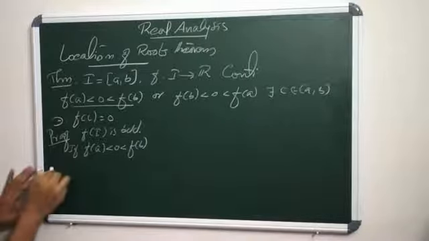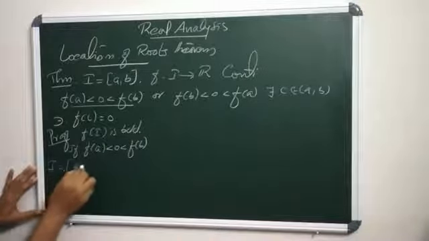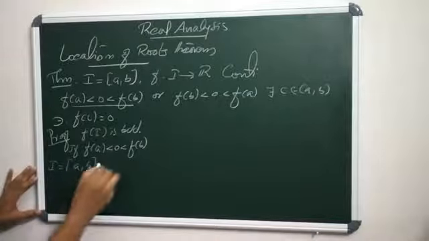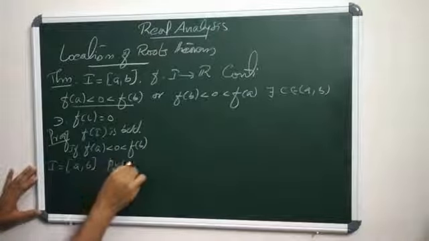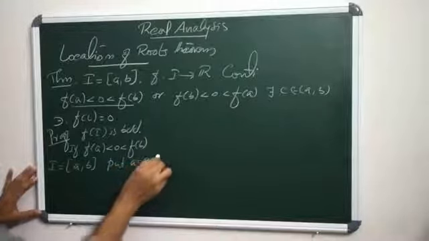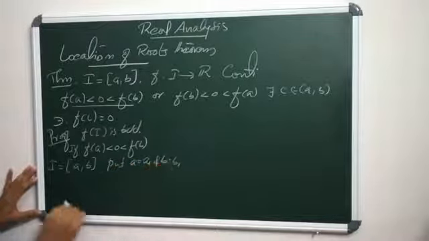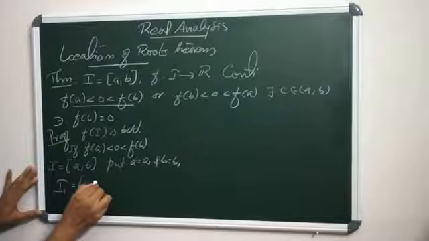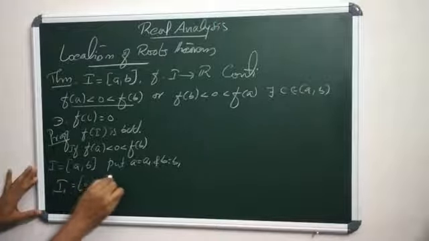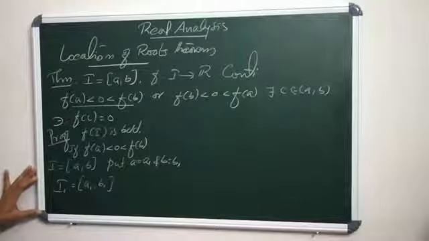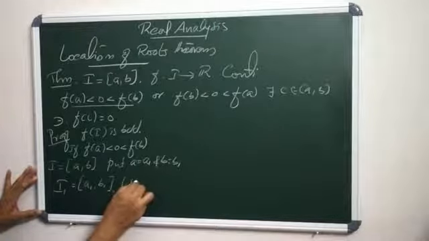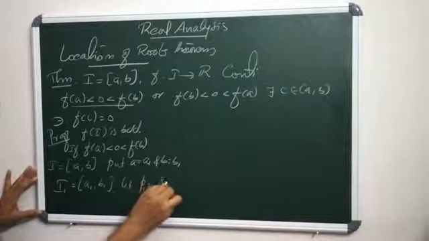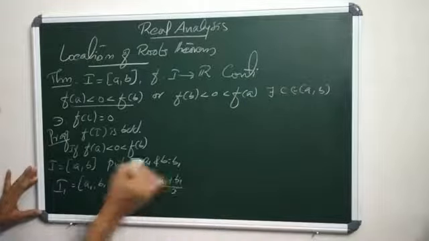Let I equals the closed interval [a, b]. You can put a equals a1 and b equals b1. So we have an interval I1 equals the closed interval [a1, b1]. Let p1 equals (a1 plus b1) by 2.